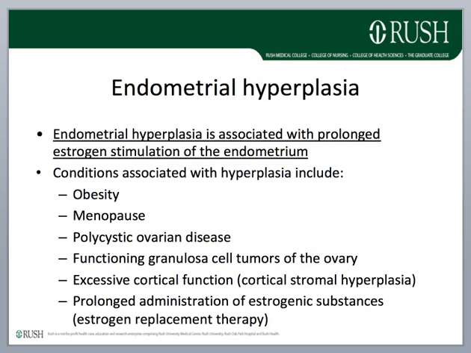So, multiple conditions associated with hyperplasia result from these conditions causing prolonged unopposed estrogen stimulation, such as obesity, menopause, polycystic ovarian disease, functional granulosa cell tumors of the ovaries, excessive cortical function, as in adrenocortical hyperplasia that you learned about, and prolonged administration of estrogenic substances, particularly estrogen replacement therapy.